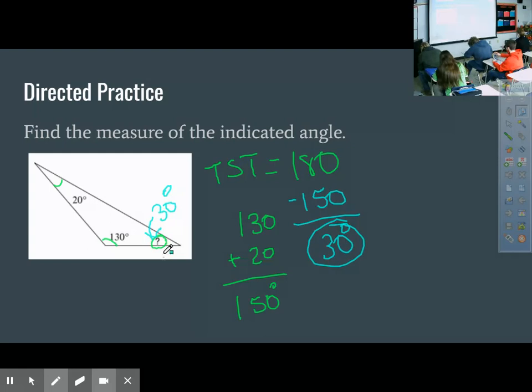All right, so my next question, what type of triangle is this, Rayleigh? Based on its angles.